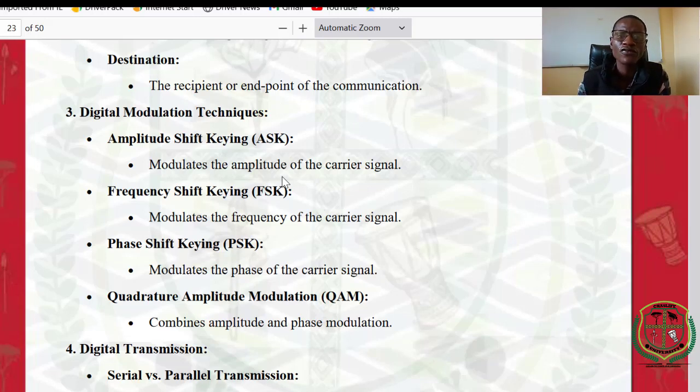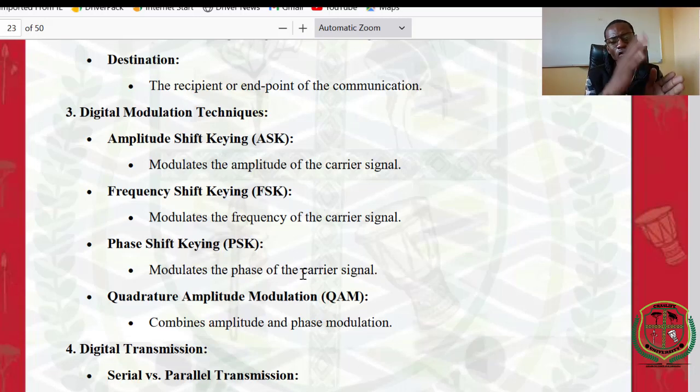It uses what we call frequency, and this frequency carries the signal. Now we have also what we call phase shift keying. This phase shift keying modulates the phases of the carrier signal.